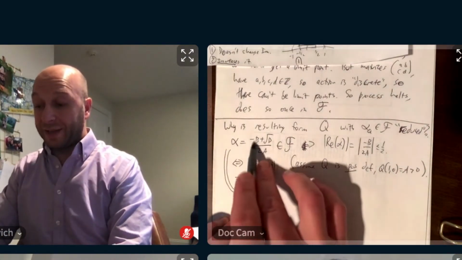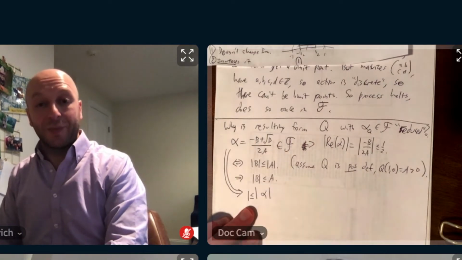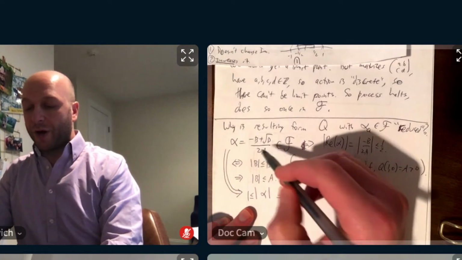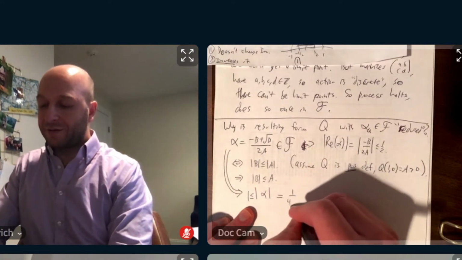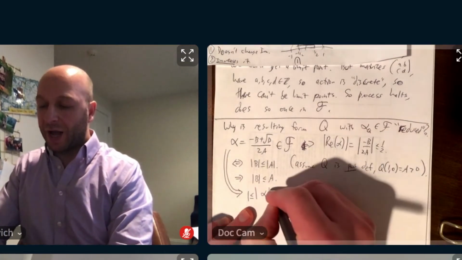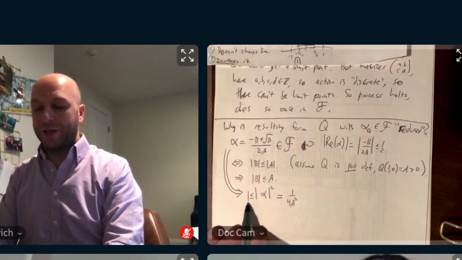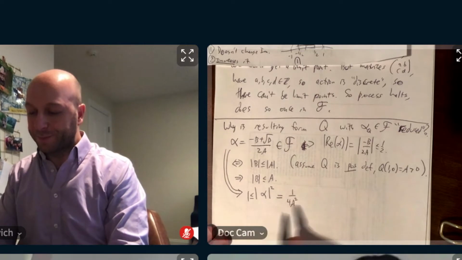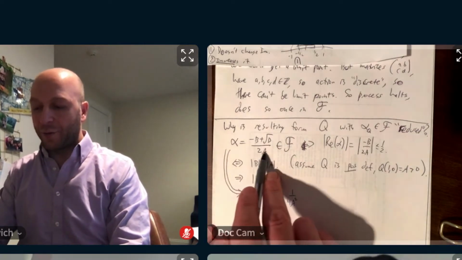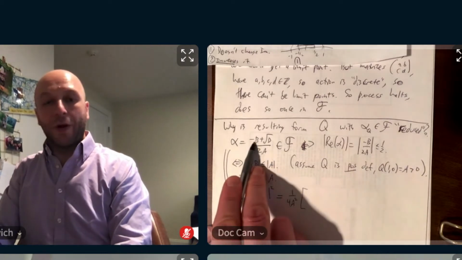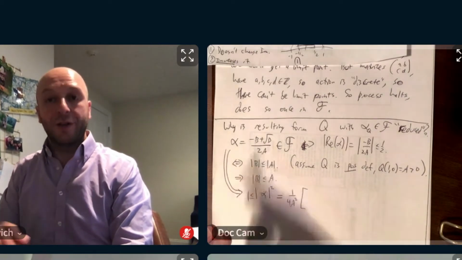And what is that? What is the norm of this complex number? Let's take the norm squared and square both sides. So the norm squared is bigger than 1. That's the same condition. There's this factor of 1 over 2a, which pulls out as a 1 over 4a squared. And then I get the real part squared plus the imaginary part squared.